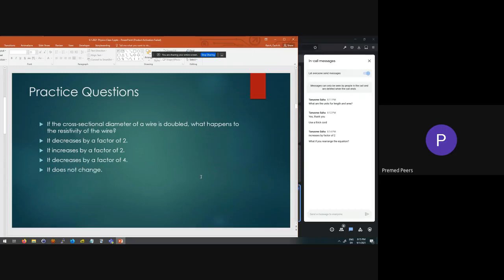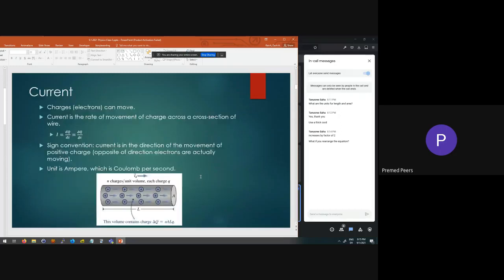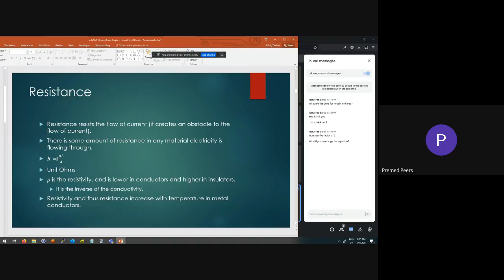What if we rearrange? You mean rearrange the rho L over A equation? Yes, that's what I was thinking. Well, the problem with that is that resistance is the thing that changes. Resistivity is a fixed value at constant environmental conditions.